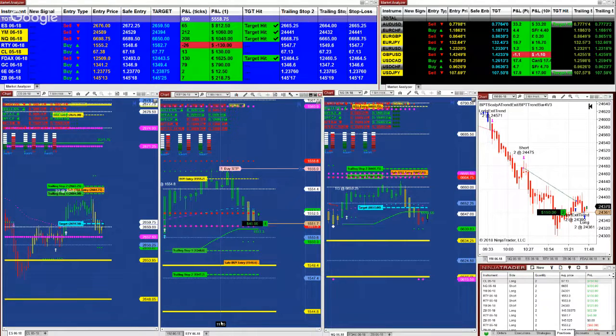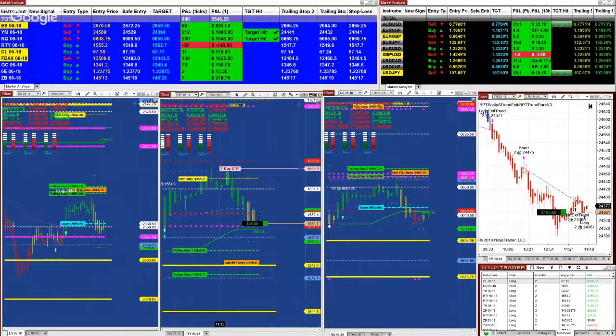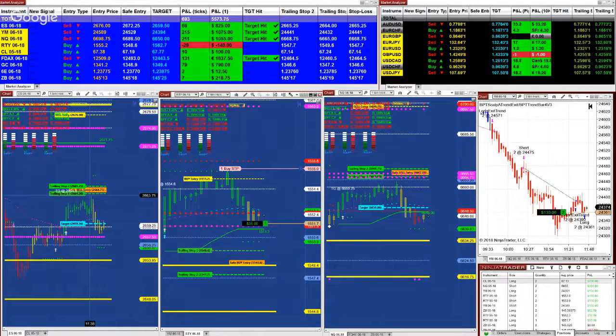The keys are more important than indicators. So if you rewind that video, you can see what we predicted on the ES. Before it happened, the ES went back to the safe entry and then got rejected.